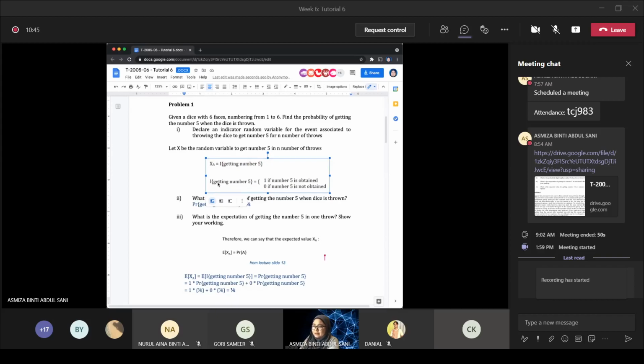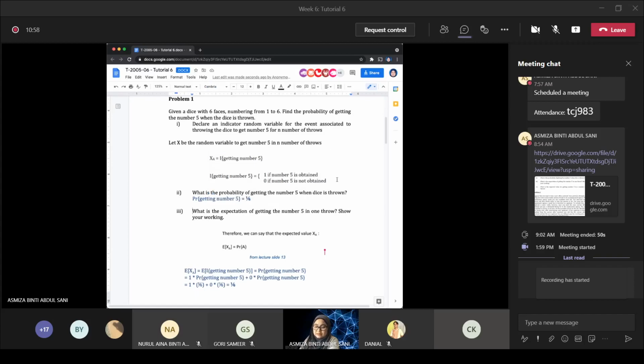This one you can actually change into IXA, equals 1 if number 5 is obtained, 0 if number 5 is not obtained. This is how you write the indicator random variable for the event of getting number 5 when throwing a dice. Anybody does not know how to get this?